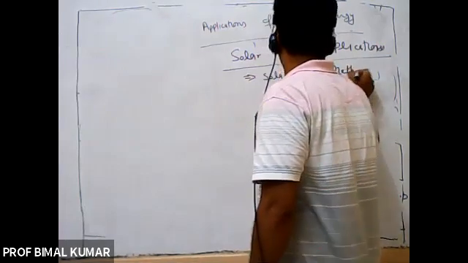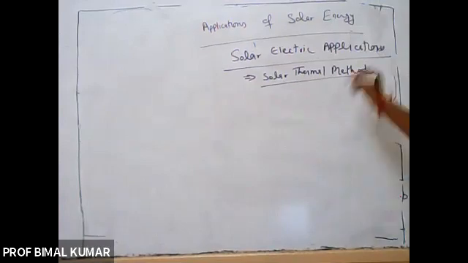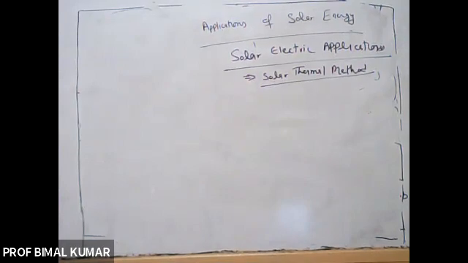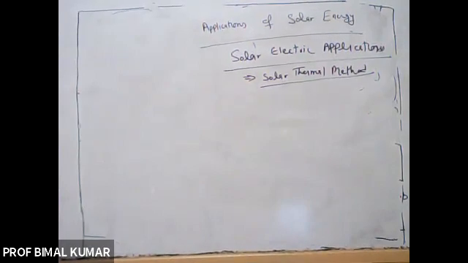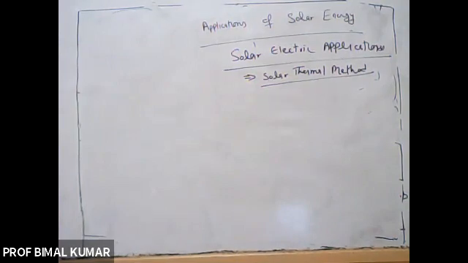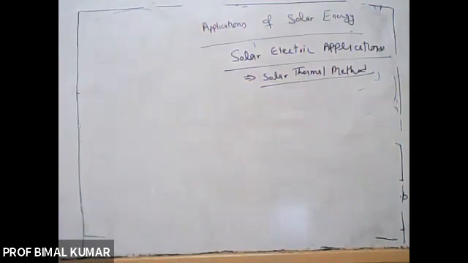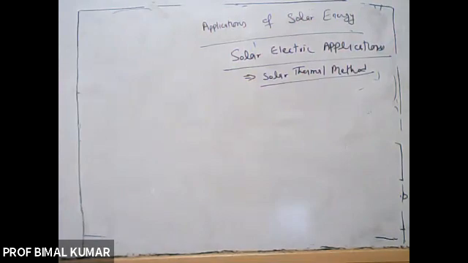In this solar thermal method, this involves production of high temperature such as is required to boil water or another working fluid for operating a turbine which drives the electrical generator. These are considered under solar thermal electrical conversion, right?